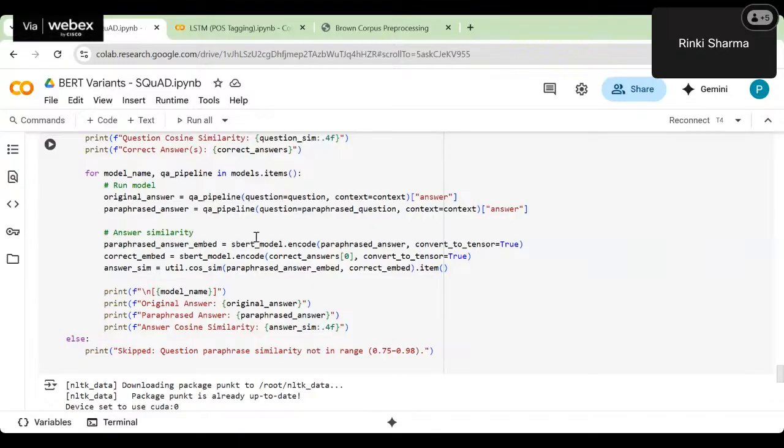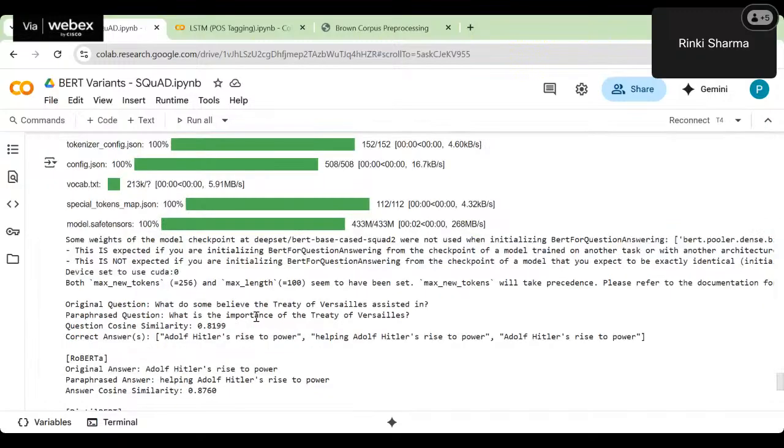Let me show you. You can see this is the original question: what do some believe the Treaty of Versailles assisted in? And this is the paraphrased version: what is the importance of the Treaty of Versailles?